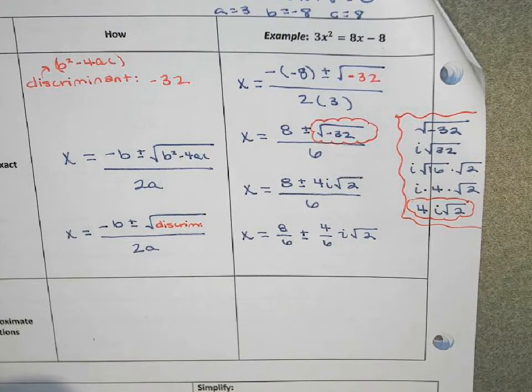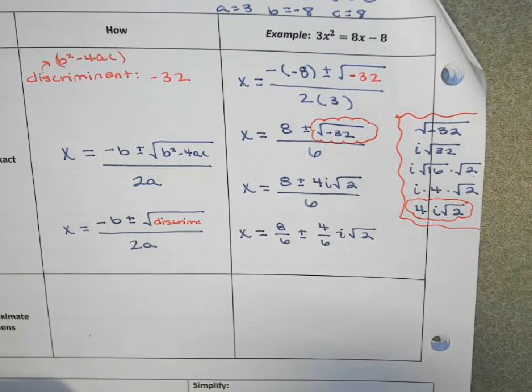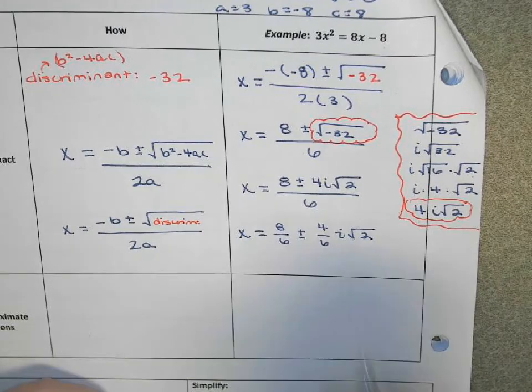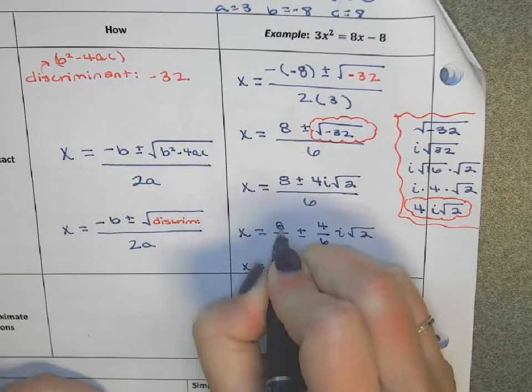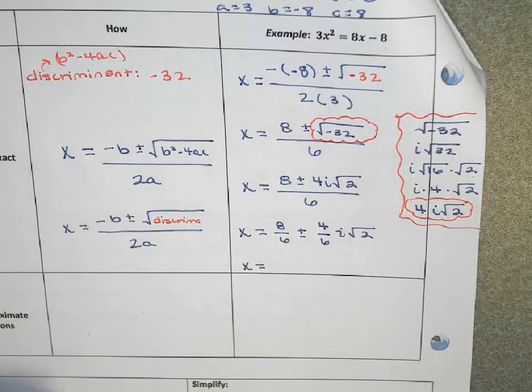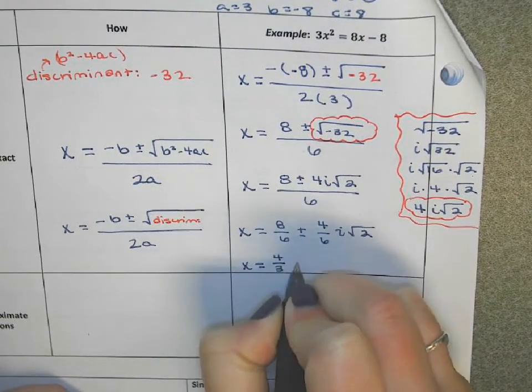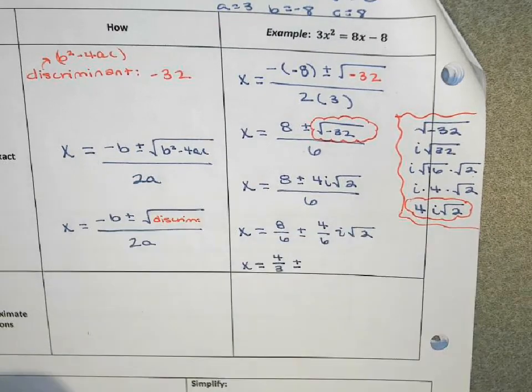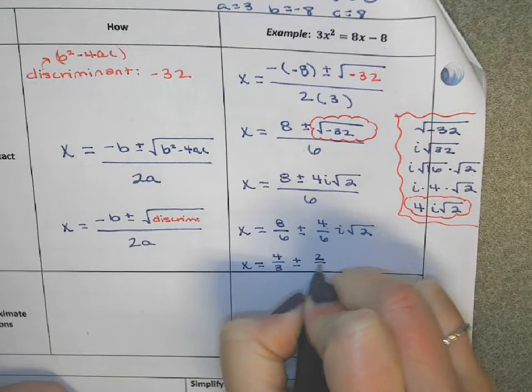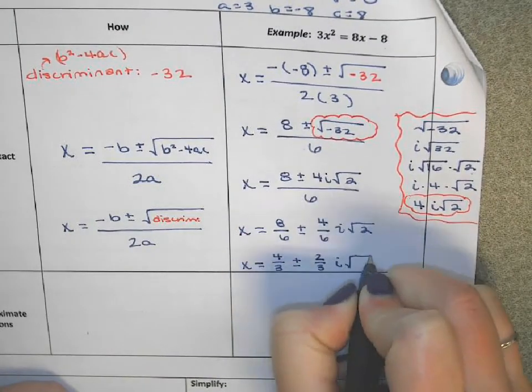Is that okay? All right, so then my last step is I'm going to take any fraction that I see and reduce if possible. 8 over 6, can it reduce? 4 over 3, so 4/3, plus or minus 4 over 6. Does it reduce? 2/3 i square root of 2.